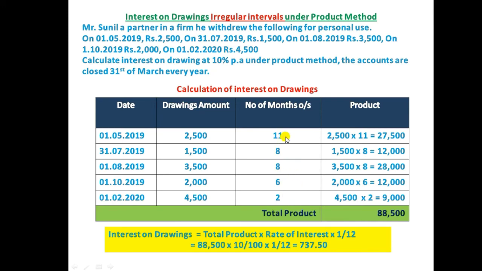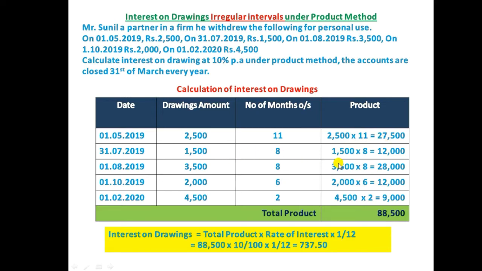After calculating number of months outstanding, we need to find the product. While calculating product, we multiply the drawings amount by the number of months outstanding. The drawings amount is 2500, the outstanding months 11, so we get 27,500.